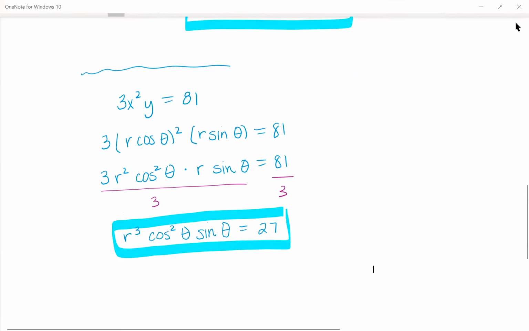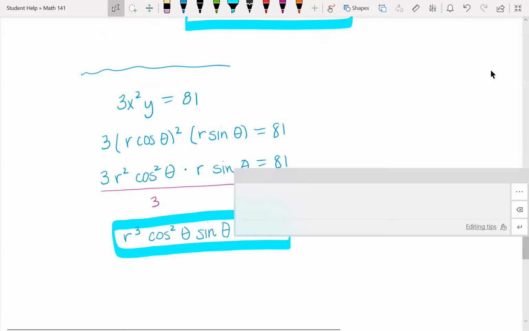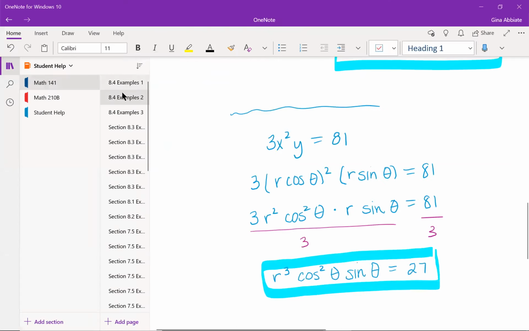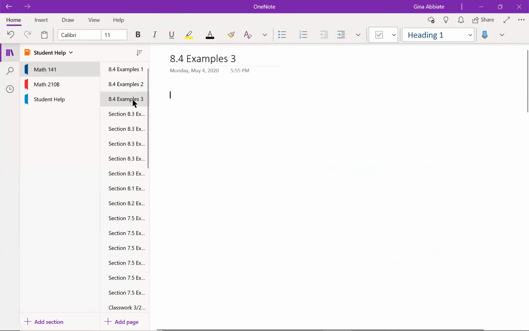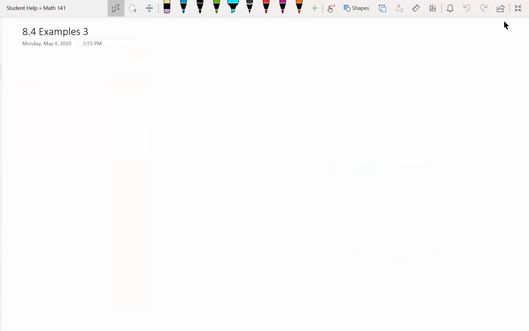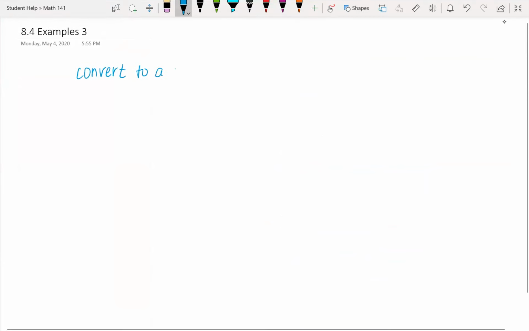All right, let's get a new sheet and do a couple examples going the other direction. For these examples, we're going to convert to a rectangular equation.